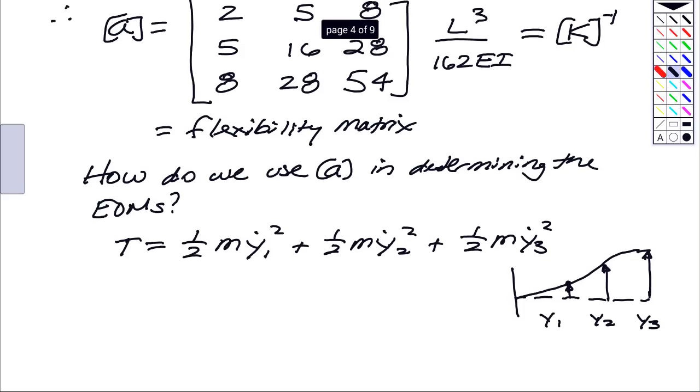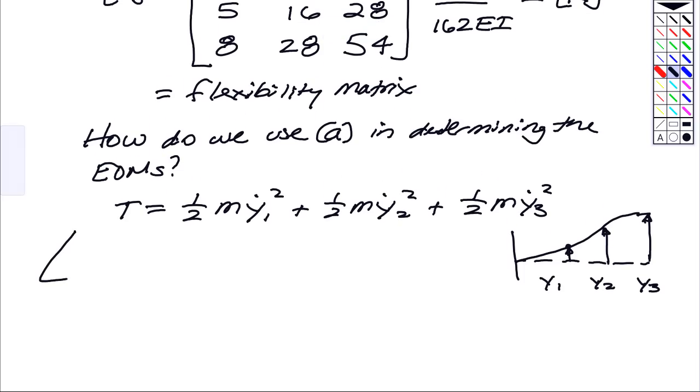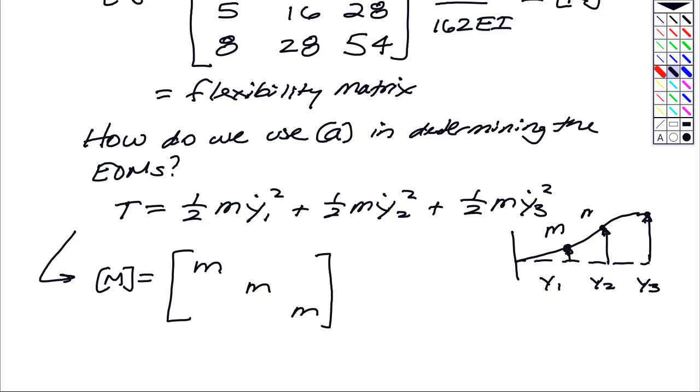So from this, it is very easy to see that our mass matrix is going to be simply the masses of each one on the diagonal and zeros on the off diagonals. I don't think it says in the problem statement what the masses are, so let's assume, for the sake of deriving equations of motion, that the masses are the same.